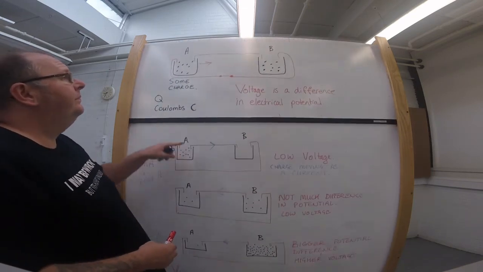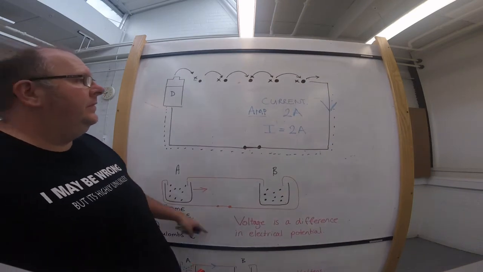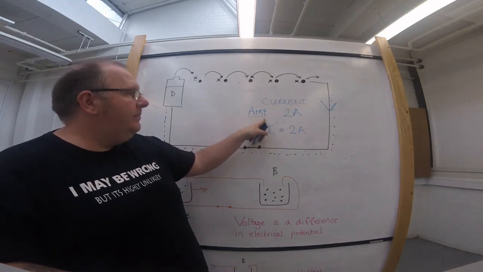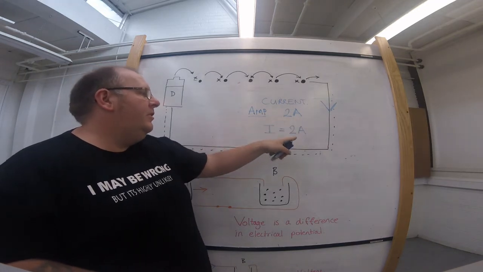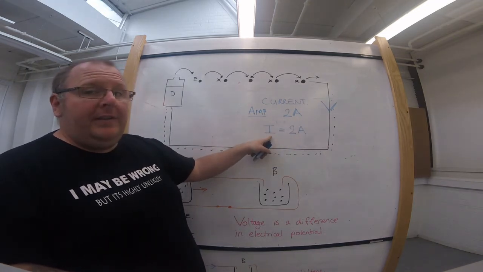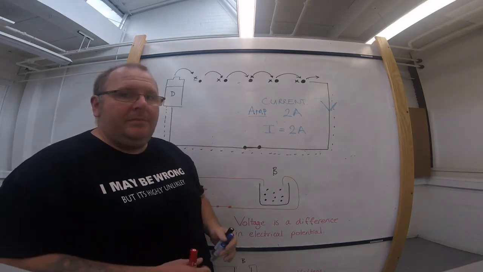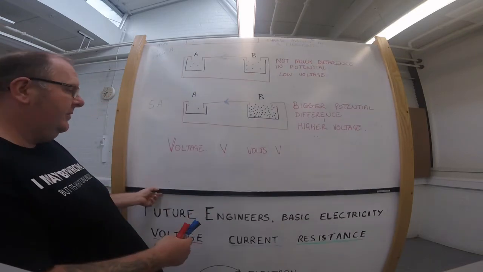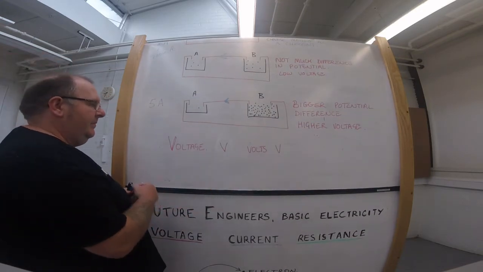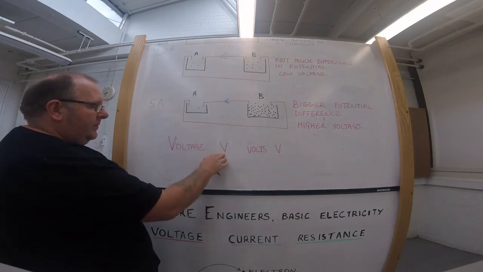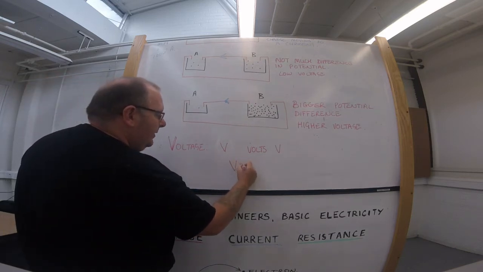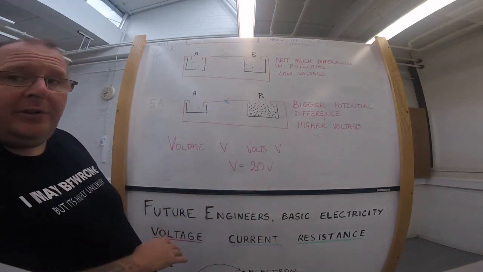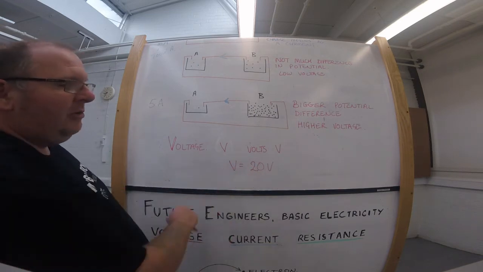So current, amps, that's the unit. We would write it 2 amps, and we would say that the symbol I for current, intensity, 2 amps. Voltage, I might say I have a voltage, so I'd say something like V equals 20 volts. Again, not a calculated value, just a number I used to show you how it would be written down.